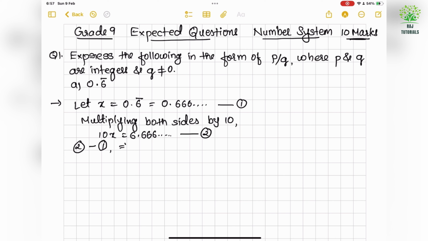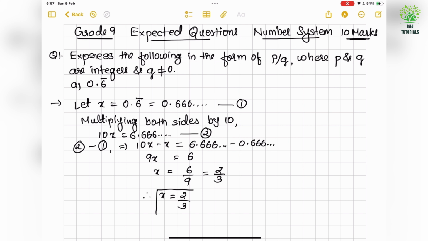So that implies 10x minus x equal to 6.666 minus 0.666. So 9x equal to 6. So x equal to 6 upon 9, that is equal to 2 by 3. Therefore, x equal to 2 by 3 is my required answer.